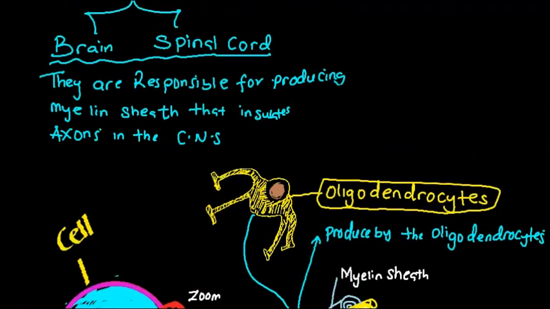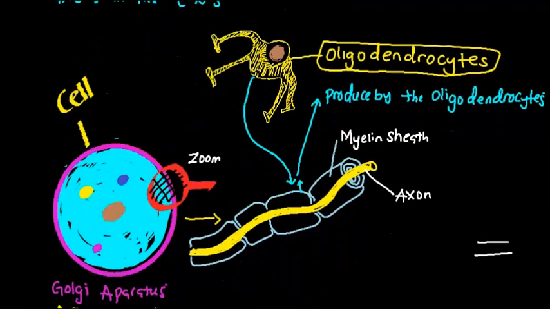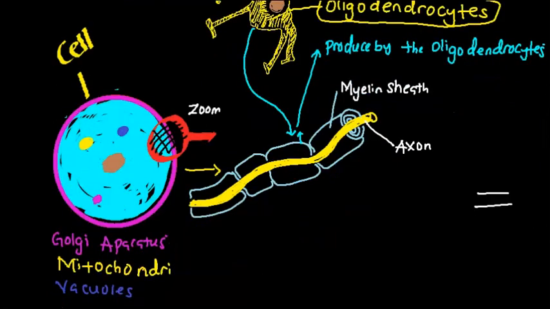So this is it. Let's take a quick revision once more. In the oligodendrocyte, they produce what? The myelin sheath is produced by the oligodendrocyte. They produce that along the axons. The reason why I'm drawing these cells is because this oligodendrocyte can only be found inside those cells, and those cells are what we call the neurons.